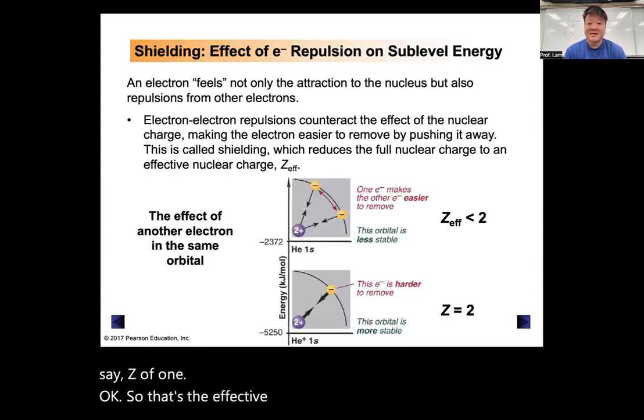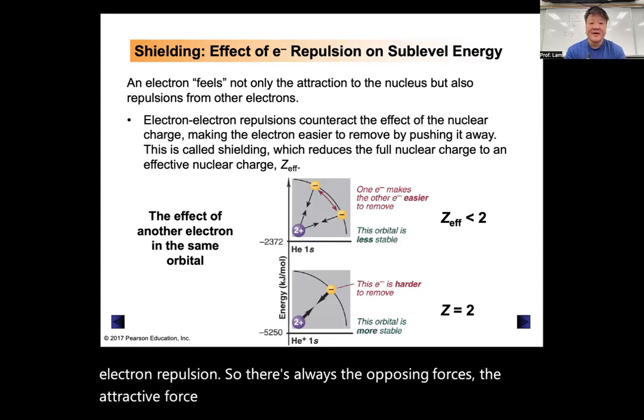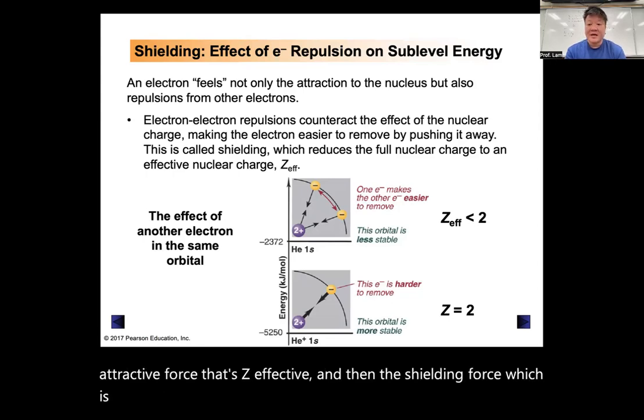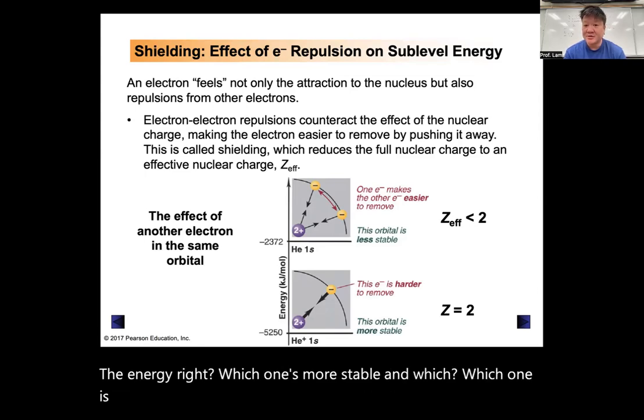Shielding is the effect of the electron-electron repulsion. So there's always the opposing force. There's the attractive force, that's Z effective, and then the shielding force, which is repulsive. And this is what's going to determine the energy, which one's more stable, and which one is closer to the nucleus, so the size, right?